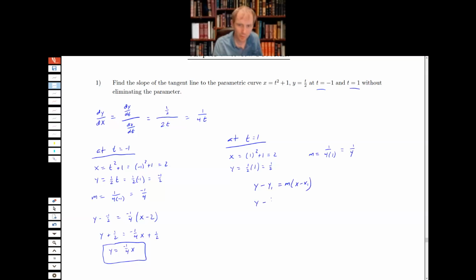So we have y minus 1/2 equals 1/4 x minus 2. I'll go ahead and distribute the 1/4. So y minus 1/2 equals 1/4 x minus 1/2. And now I'm going to add a half to both sides. So we get y equals 1/4 x plus 1.